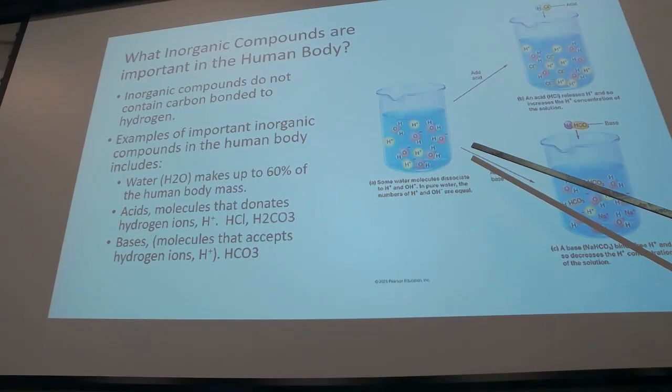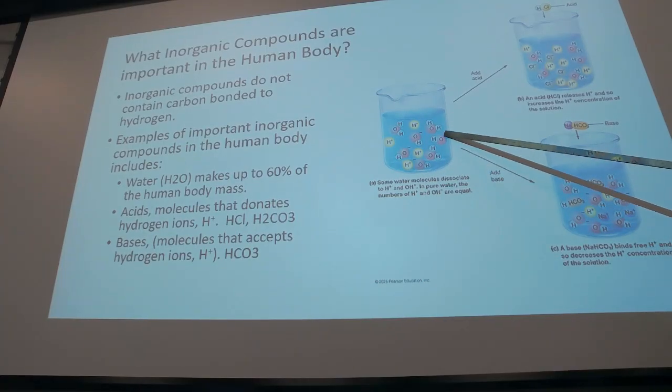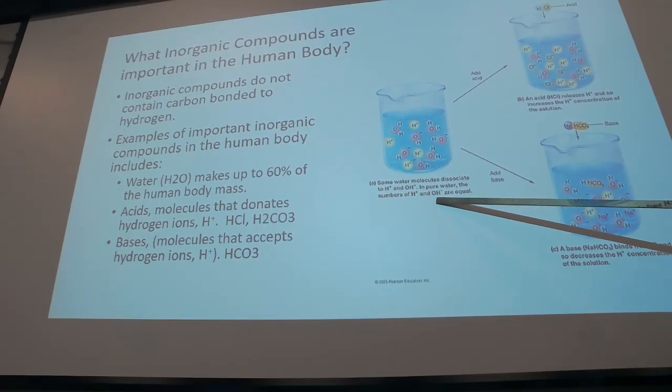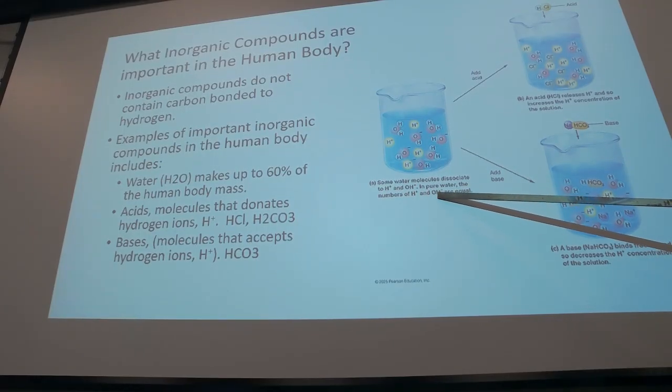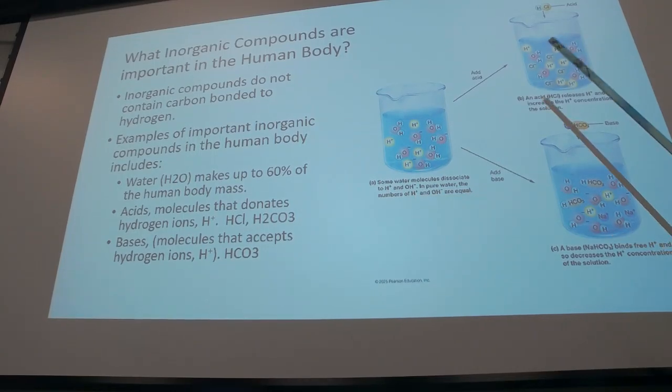So this is a beaker, and you have here pure water. Pure water has equal numbers of hydrogen and hydroxyl groups. Hydroxyl is OH minus, and hydrogen is H plus.